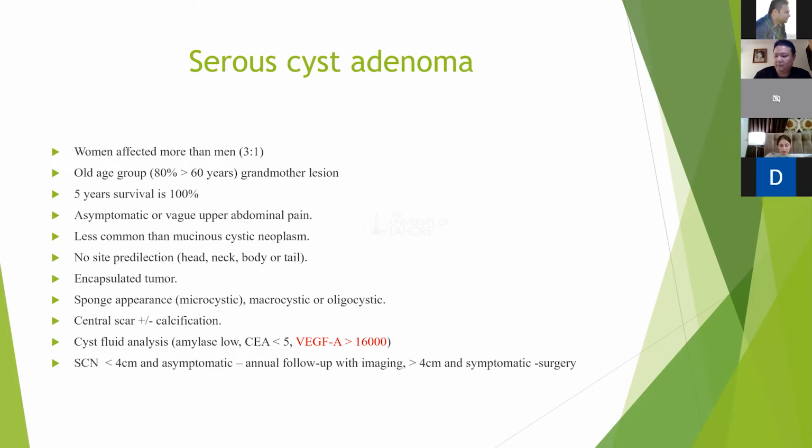Also, we can see high glycogen content, which can help to differentiate this from mucinous cystic neoplasm or other lesions. The serous cystic neoplasm is almost benign, so the treatment is follow-up if the lesion is small, less than 4 centimeters, or surgery if the lesion is more than 4 centimeters and causing symptoms to the patient.